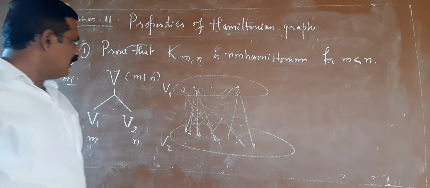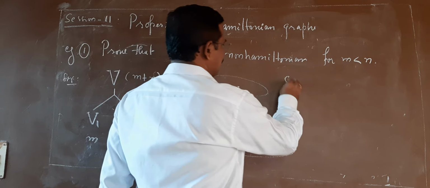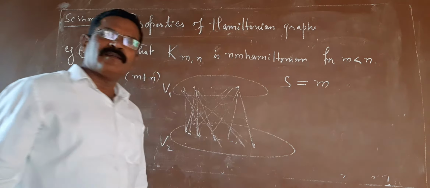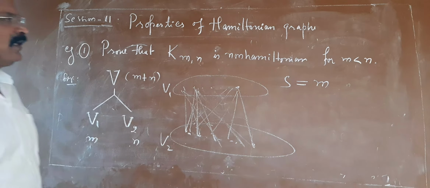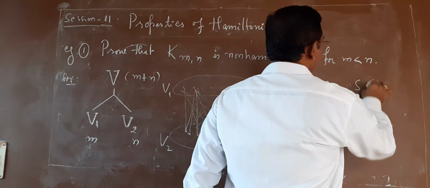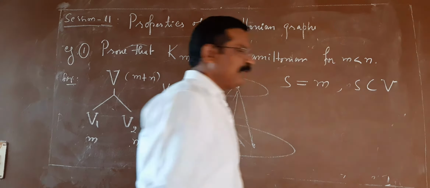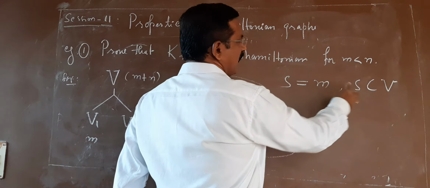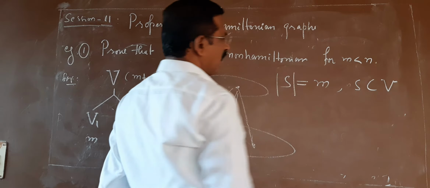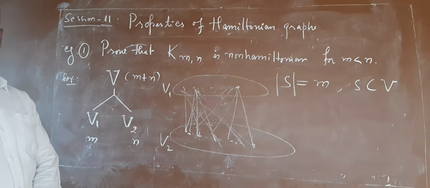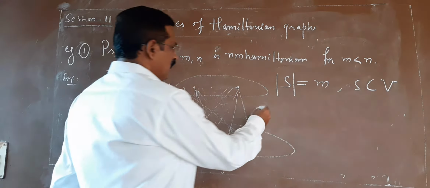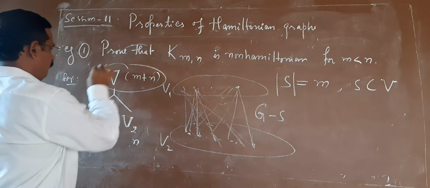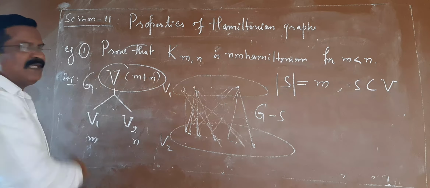Now, consider S, the proper subset of the vertex set V, with the number of elements in S equal to m. Now, what would be G minus S, if this is the graph G whose vertex set is V?